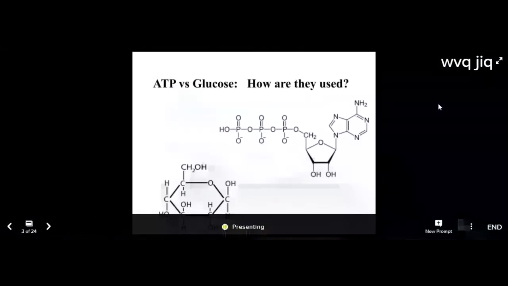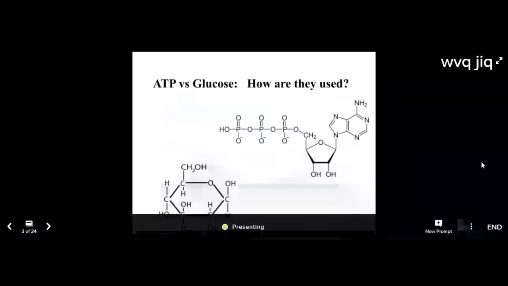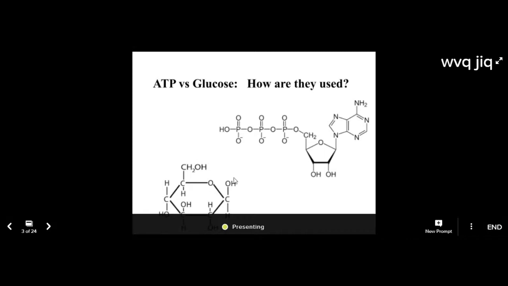Let's take a look at these two structures here. This is glucose down here. It's a 6-carbon sugar with hydrogens and oxygens all over it. And then this is ATP. The structure of ATP is an adenine here, a ribose sugar, and then these 3 phosphates.